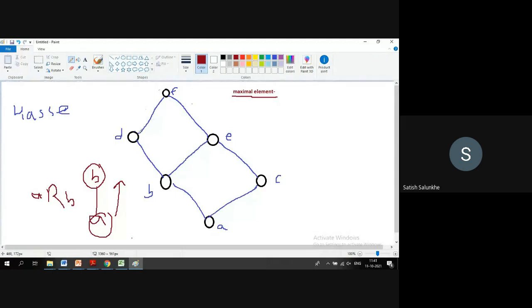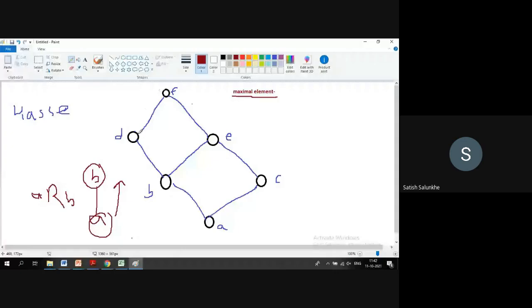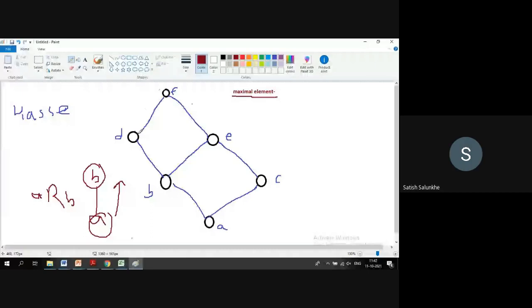In this hierarchy, what is the maximum element now? Chetan, tell me. What is the maximum element?